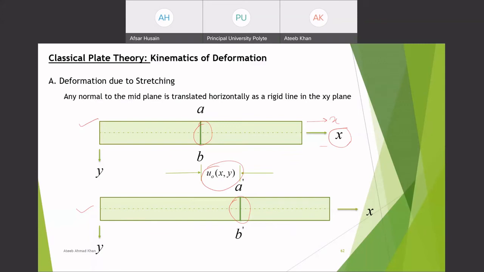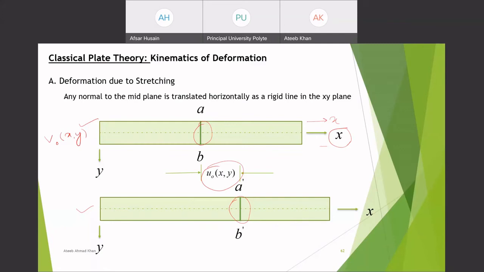Similarly, if you talk about a plate and apply the load in the positive Y direction, your transverse normal will get stretched in the positive Y direction, and the magnitude of that will be v naught, which will again depend on X and Y. Since the case of u naught and v naught is the same, whether we apply the load in the X direction or Y direction, I have only shown you one direction.